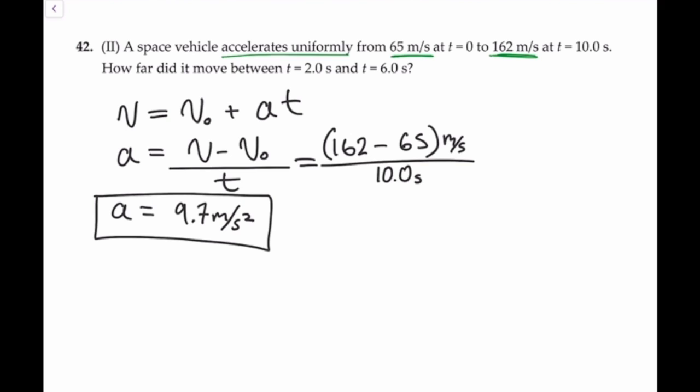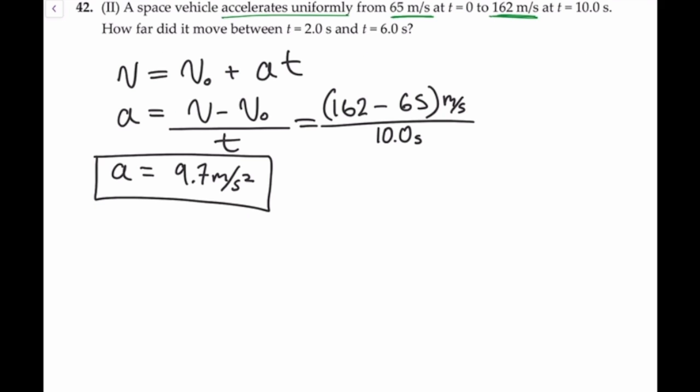So now we have the acceleration of the vehicle. Now we can find the displacement of that vehicle. To calculate the displacement from t equals 2.0 seconds to 6.0 seconds, I'm going to take a shortcut. I'm going to use equation 12b, which is x final equals initial distance plus initial velocity times time plus 1/2 the acceleration times t squared.